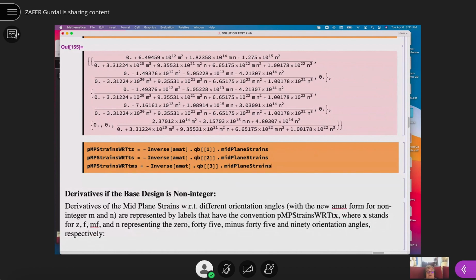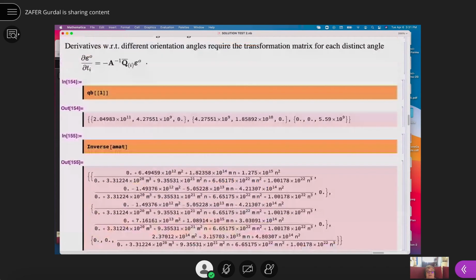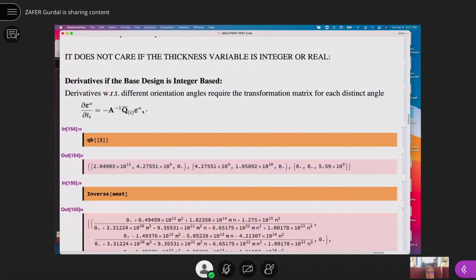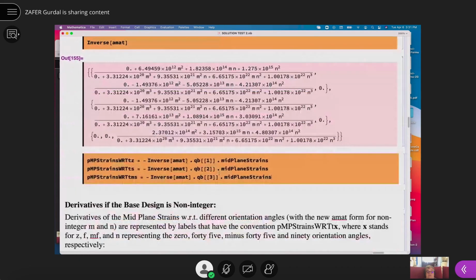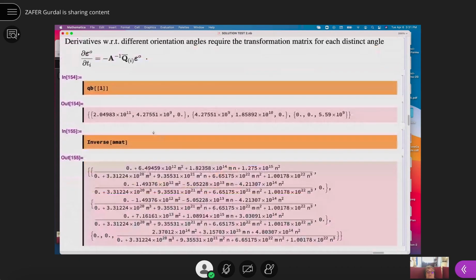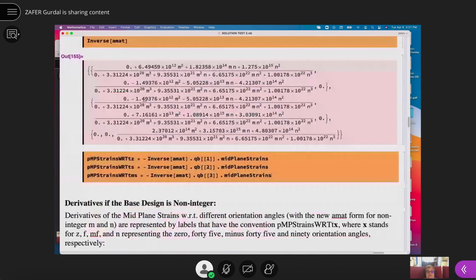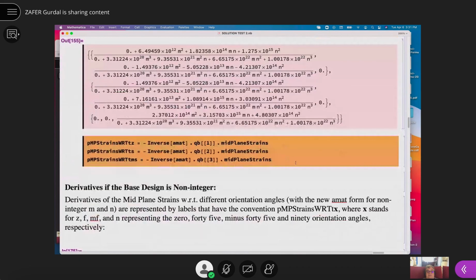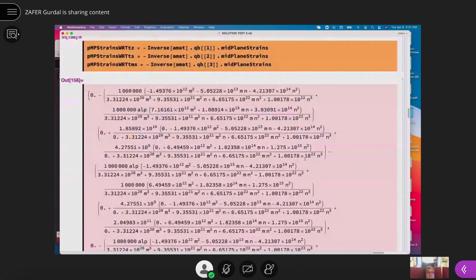So this is the equation that says minus A inverse Q bar epsilon naught. That's this. So these are the derivatives of strains with respect to ply thicknesses. Which are now available.